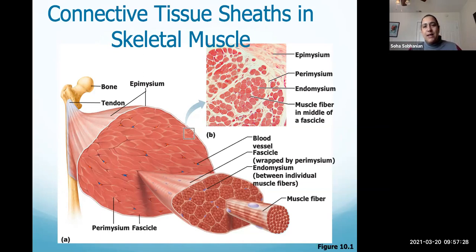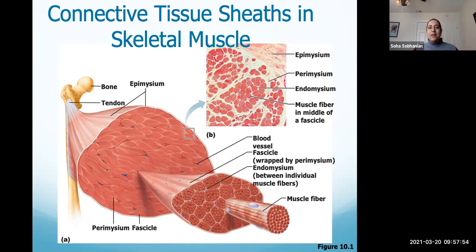So let me ask you guys a question. Pay attention. What is a fascicle made up of? I'm not talking about the connective tissue, I'm just asking what is a fascicle made up of? Muscle fiber, correct.